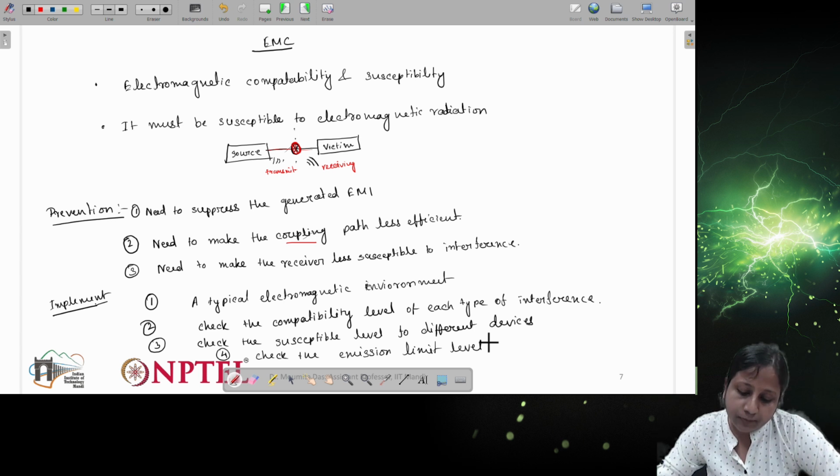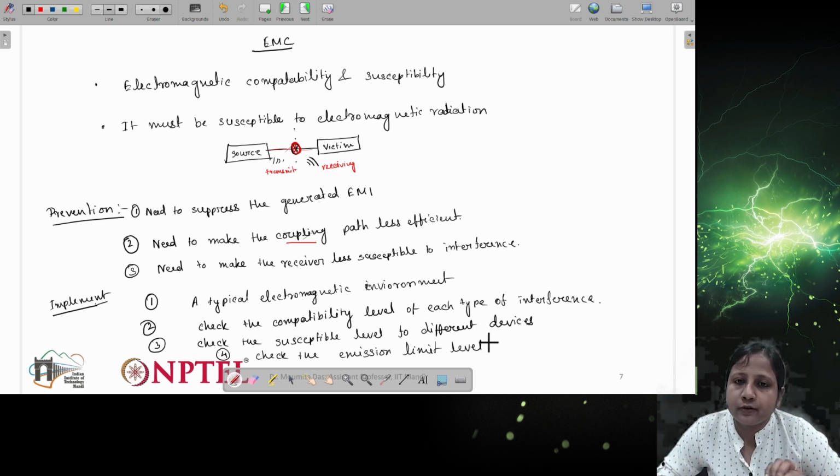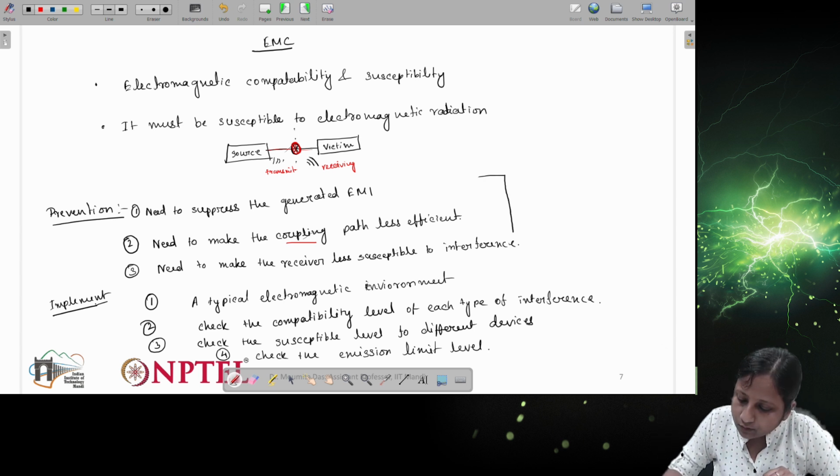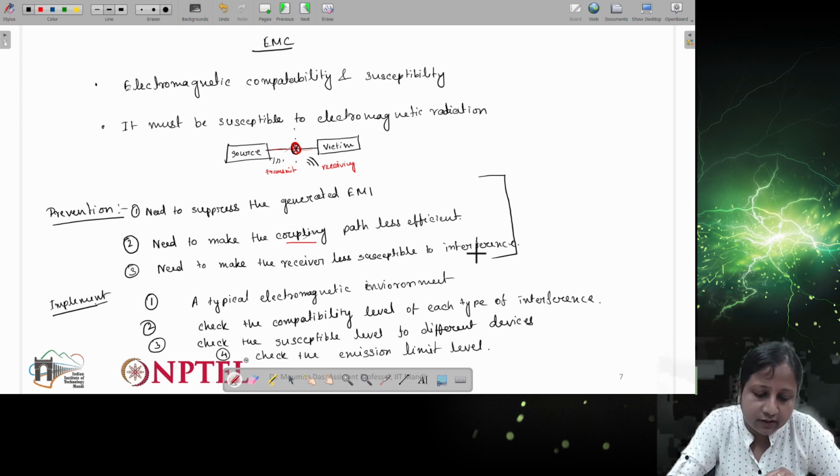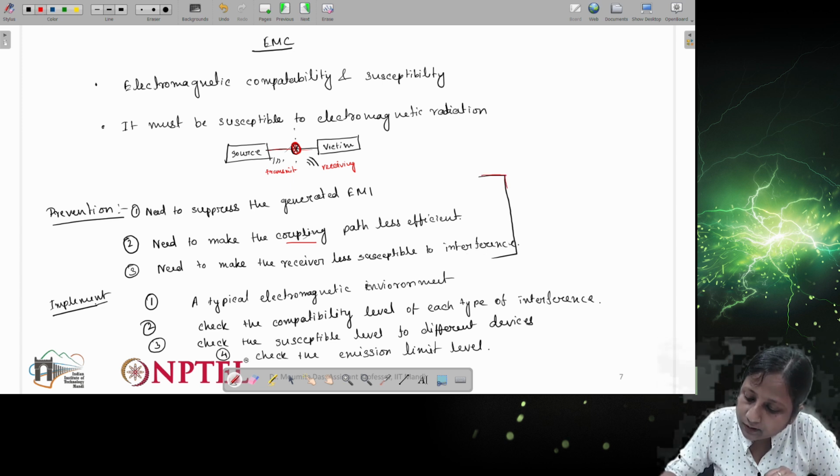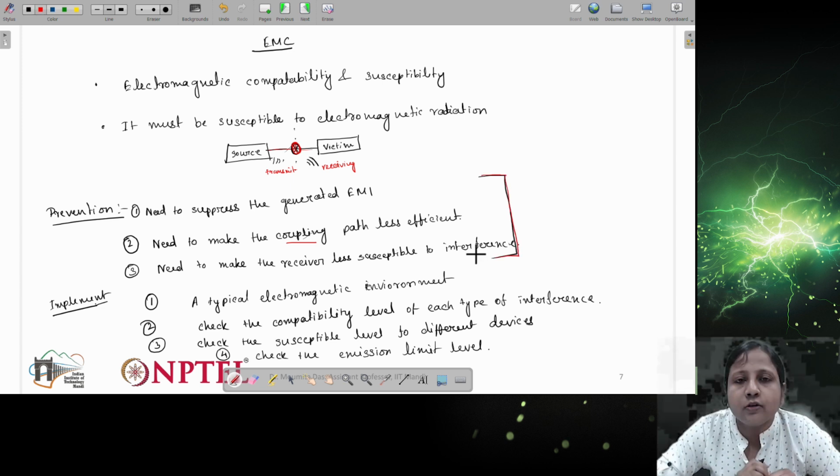Okay, so basically first we know the types of different noises in EMI or EMC. The noise can come from the system or from outside the system, and EMI can be conductive or radiative. When we have this information, then we have to prevent those noises, right?